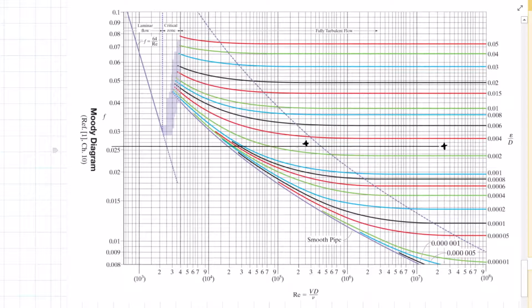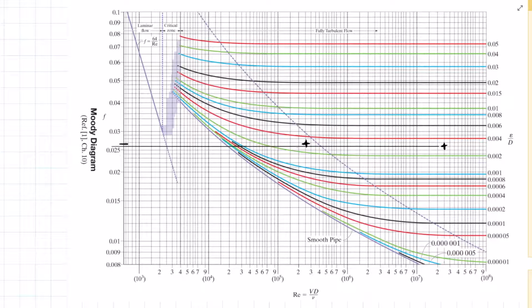Using a flow rate of 100ths meters cubed per second, I get a Reynolds number of 254,648, which gets us to about right here on our Moody diagram. And that brings our friction factor up just a tiny bit. So I can say that's about 0.0256.